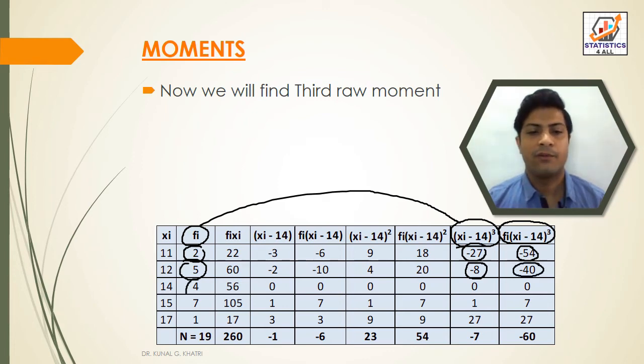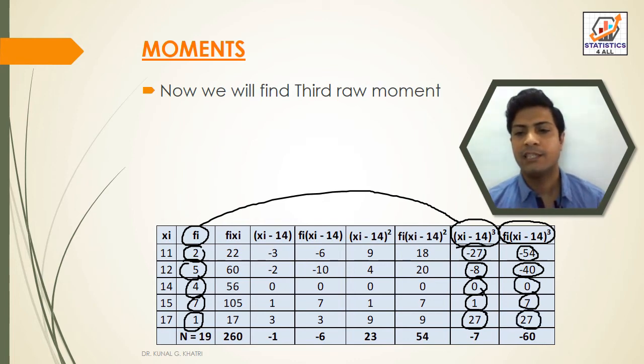Then 4 into 0, that is equal to 0. 7 into 1, that is equal to 7. 1 into 27, that is equal to 27. Now we take the sum of fi into (xi minus 14) whole cube, we get the value minus 60.